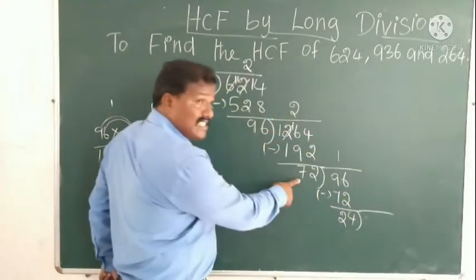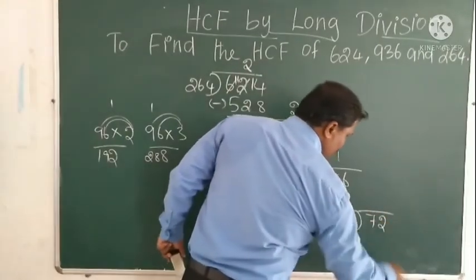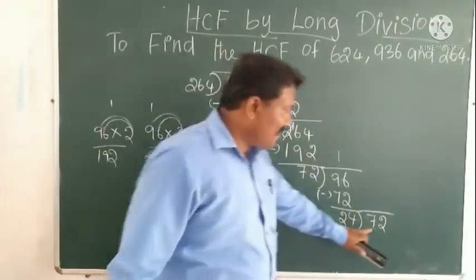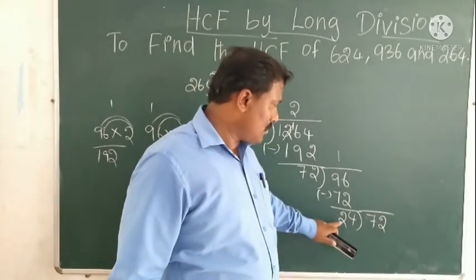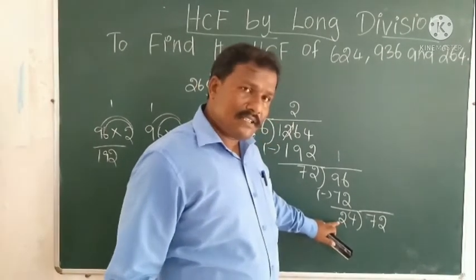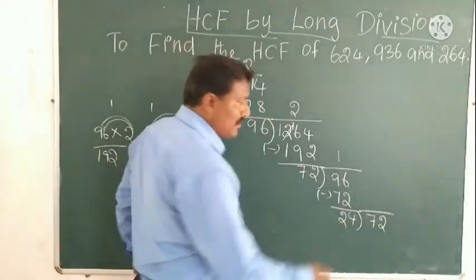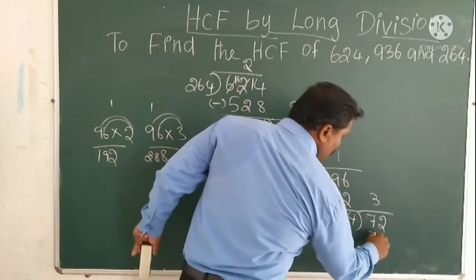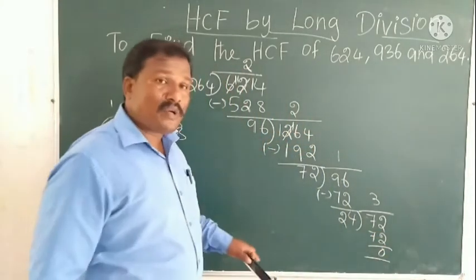So the old divisor is 72. So in 72, how many 24s are there? 3 24s are? Yes, 3 24s are 72. So if you see, what is the answer?